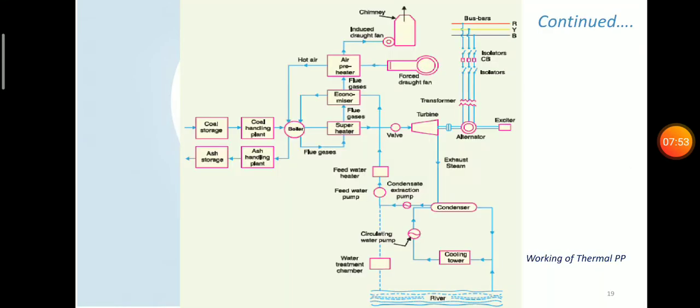It consists of boiler, turbine and generator. Along with that, some additional equipment to improve the efficiency. Here, there are coal and ash handling plants to store the coal and to crush the coal into pieces before giving it into the boiler. And the ash handling plant is for removing the ash from the boiler and to store it.